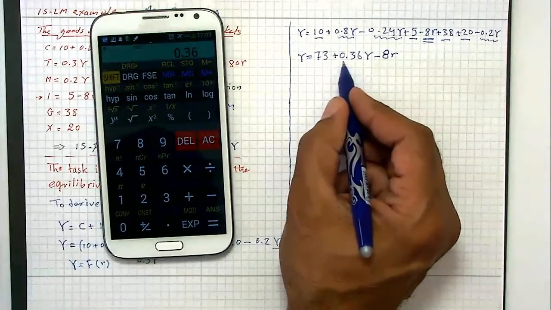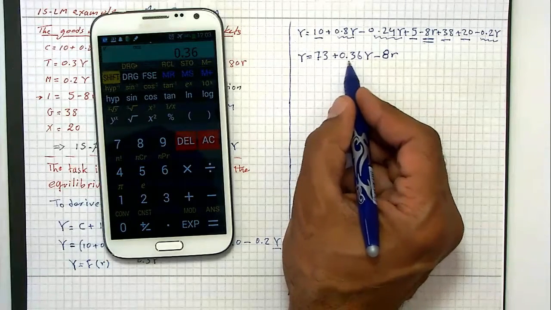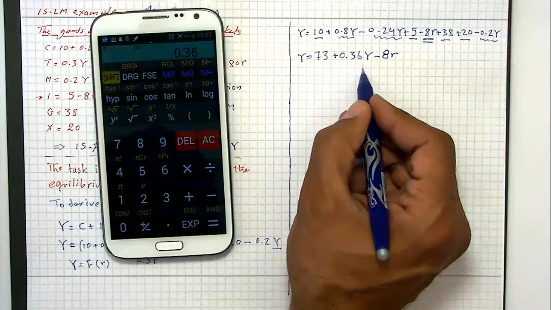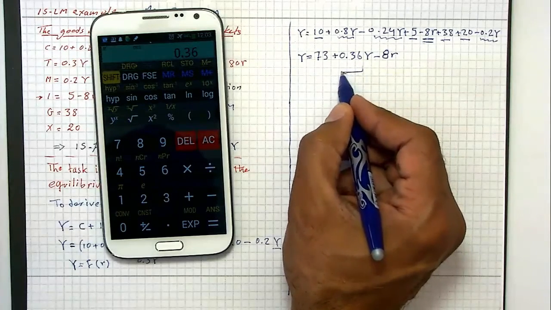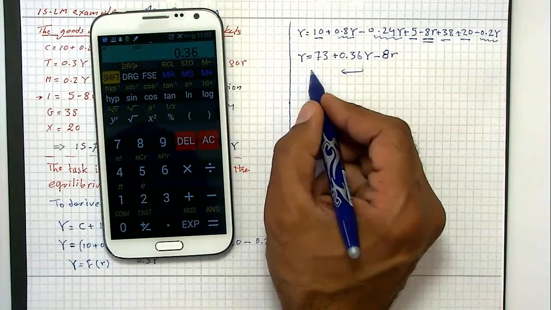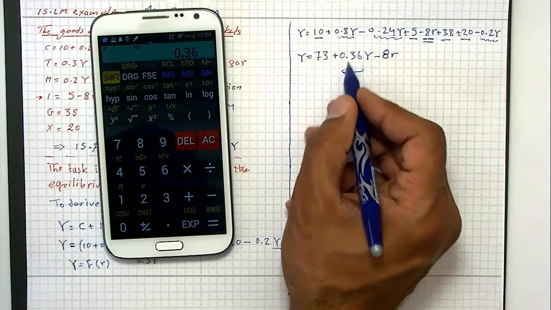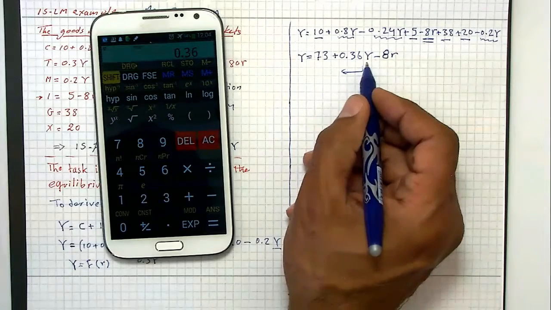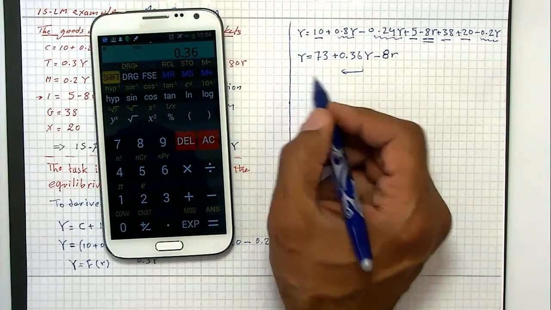Now I want to get this to the left. So the practice is that you change the sign when you transfer one term from the right hand side of the equation to the left hand side.